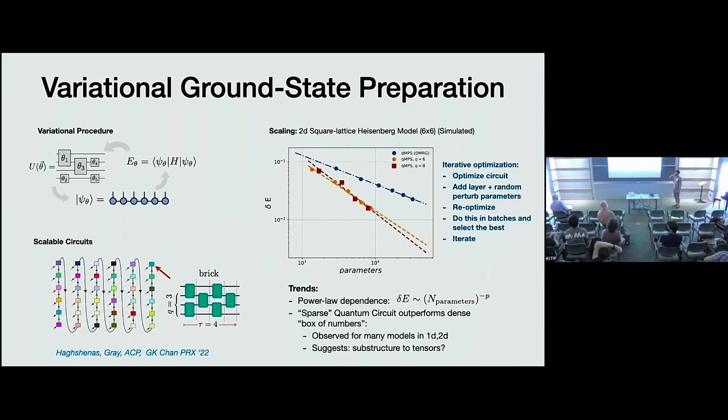If I were to translate this into a polynomial speedup, it's hard to translate because you also have to imagine the cost of measuring all these derivatives and so on. We do some estimates in the paper, and it's just barely eking out in the power if you include all that sampling overhead.